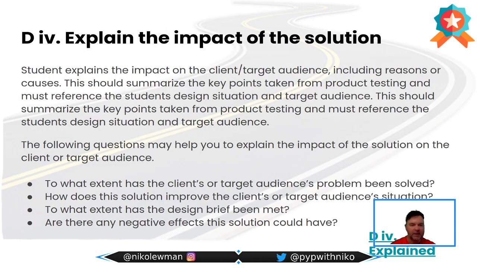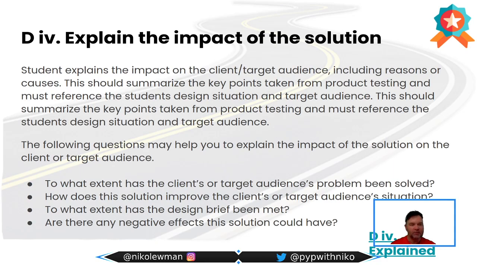And finally, D4. Explain the impact of the solution. You should be able to explain the impact on the client or the target audience, including reasons and causes. You should summarize the key points from your testing, and you must reference the design situation and the target audience.